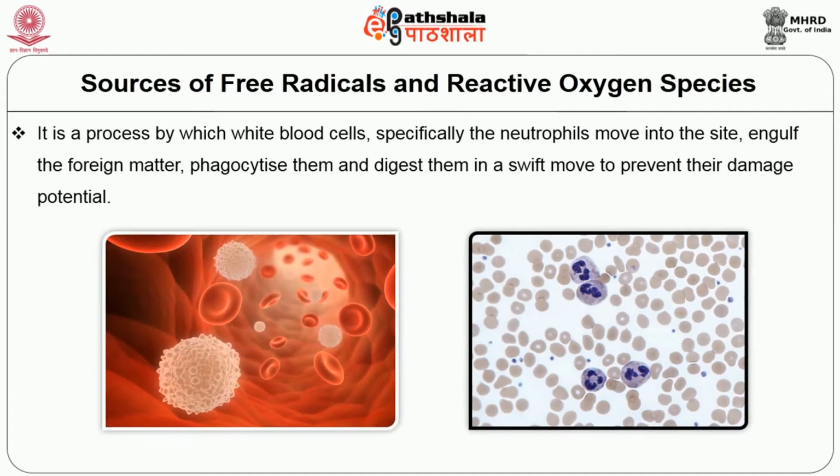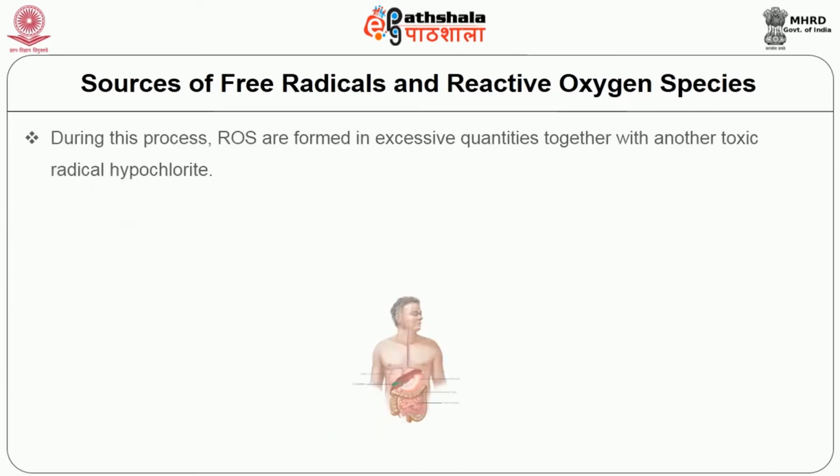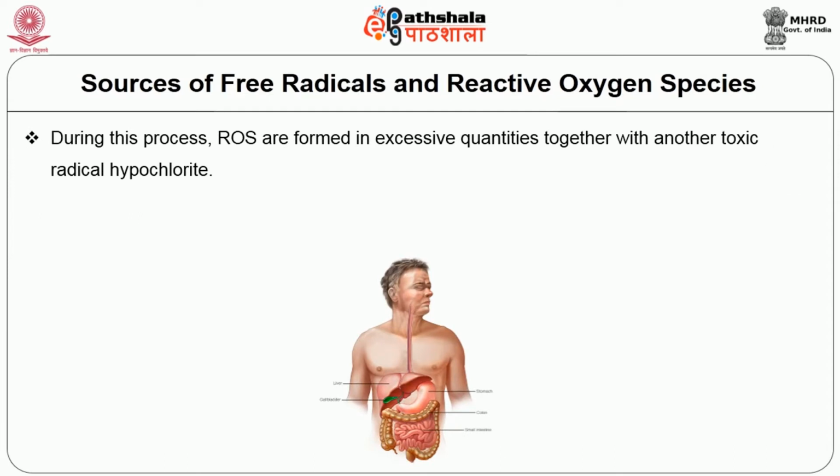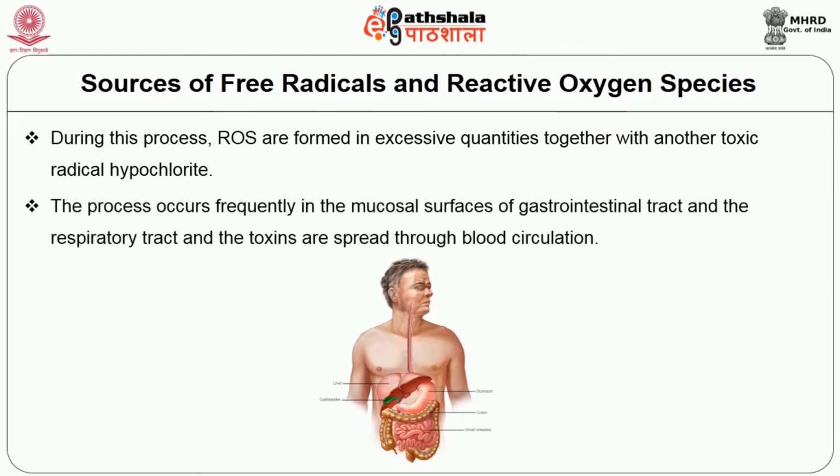It is a process by which the WBCs, specifically the neutrophils, move into the site, engulf the foreign matter, phagocytize and digest it in a swift move to prevent potential damage. During this process, the ROS are formed in excessive quantities together with another toxic radical, the hypochlorite. The process occurs frequently in the mucosal surface of the GI tract and the respiratory tract, and the toxins are spread through blood circulation.